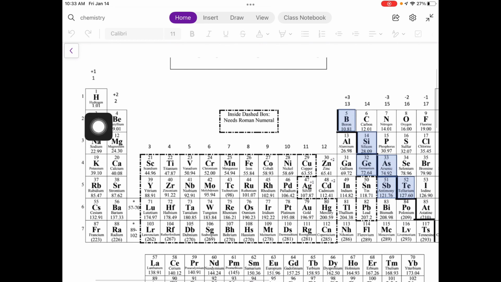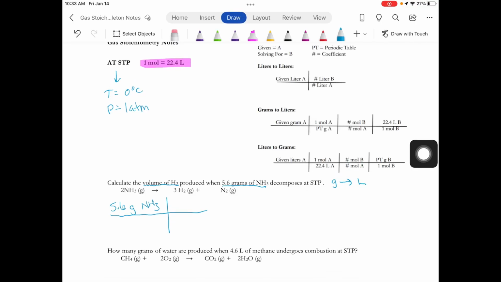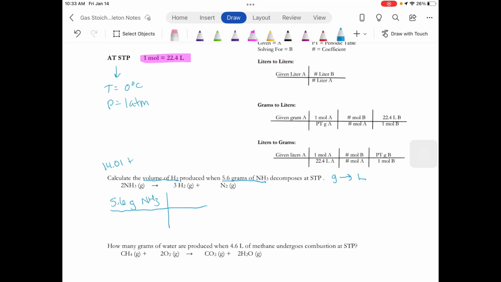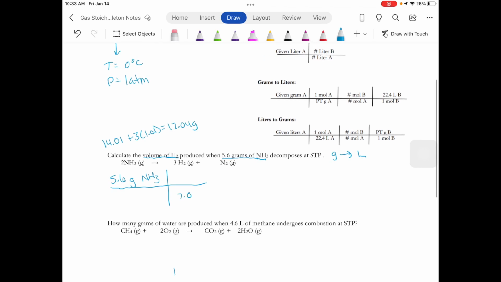So we had hydrogen in there, that's 1.01, and nitrogen, which is 14.01. So 1 nitrogen plus 3 hydrogens, that would equal 17.04 grams. So that 17.04 grams goes on the bottom.